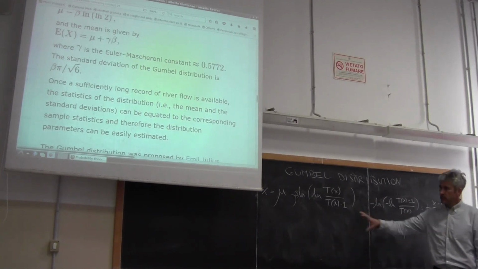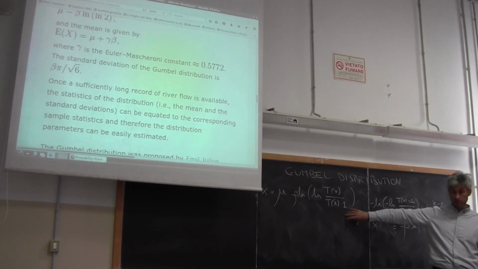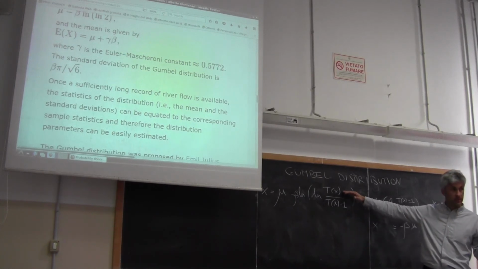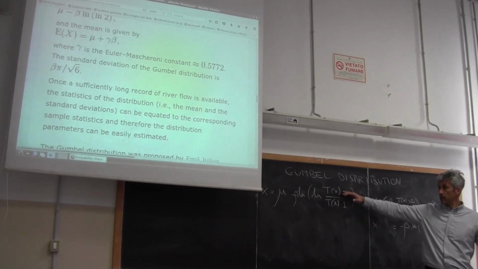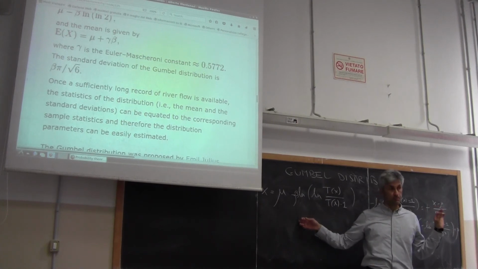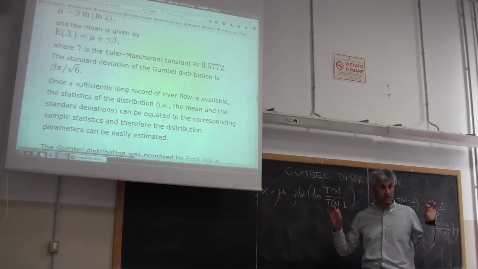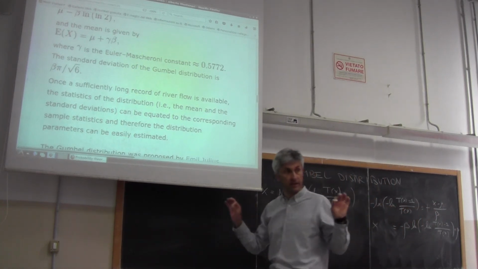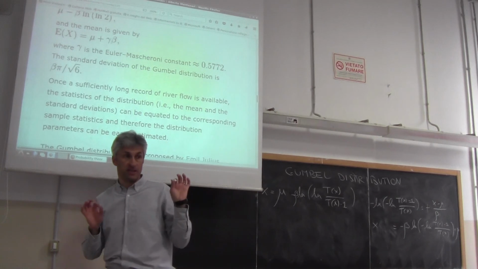Look, this relationship is extremely simple. Once you have the return period given by law, you only need to know mi and beta to compute the peak flow. And mi and beta can be computed through simple statistics: the average and standard deviation of the annual maxima.